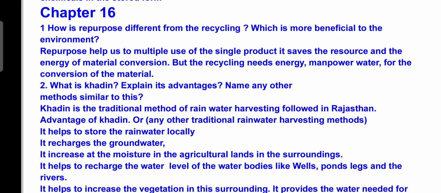That means if we reuse or repurpose the paper, it saves the bamboo or the wood. If we reuse or repurpose the glass, it saves the ores or the sand. If we reuse or repurpose metal things, it saves the metallic ores, and it saves the mining, energy involved, transportation involved, and manpower involved in all these processes.